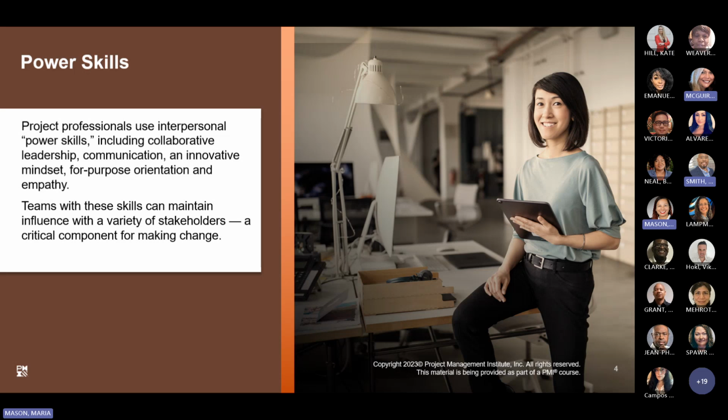And so we all have heard very often that it's not necessarily what you know, it's who you know, right? And it's the same thing. Sometimes your influence with a stakeholder can make the difference with you being able to get a project across the finish line when you otherwise may not be able to do so. So let's look at some of the essential power skills required to lead teams.